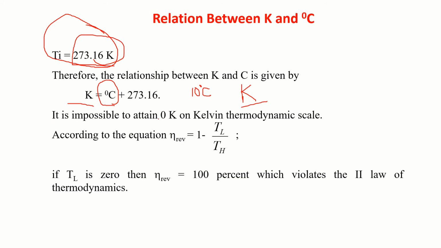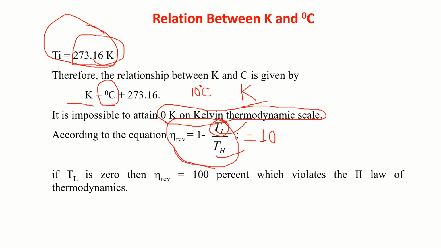It is impossible to attain 0 K on the Kelvin thermodynamic scale. Now, if you take the efficiency of a reversible engine expressed in terms of TL and TH, and put TL equal to 0, then 0 by something is 0, so the efficiency is equal to 1.